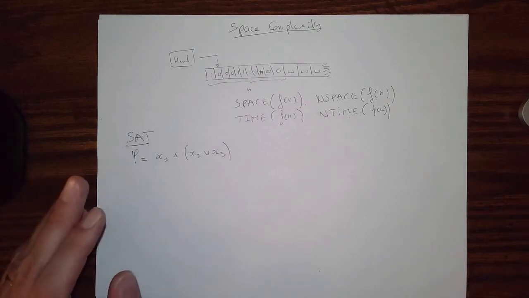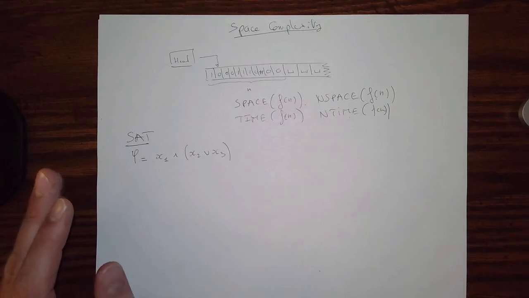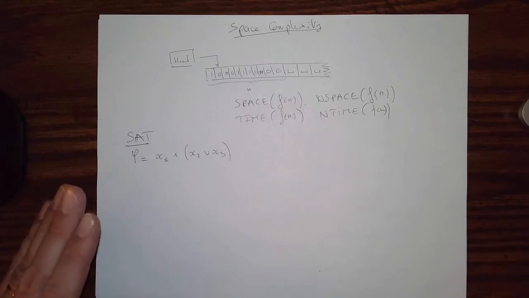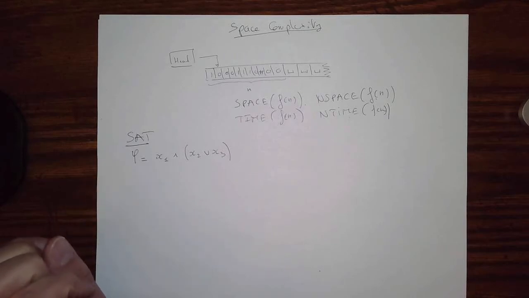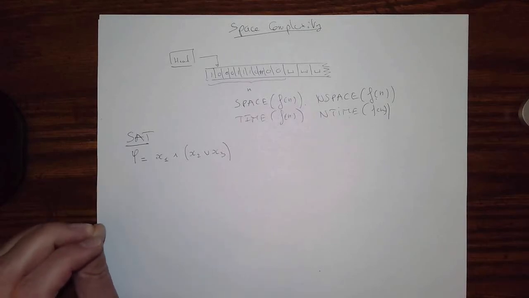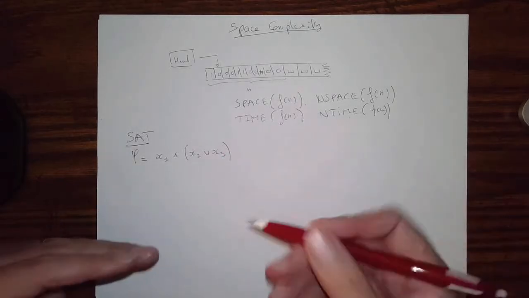We know that SAT is NP complete, you remember from the previous chapter. So that means that SAT is definitely not linear and likely not polynomial, right? In a sense, because of the way it's defined, it is exponential.